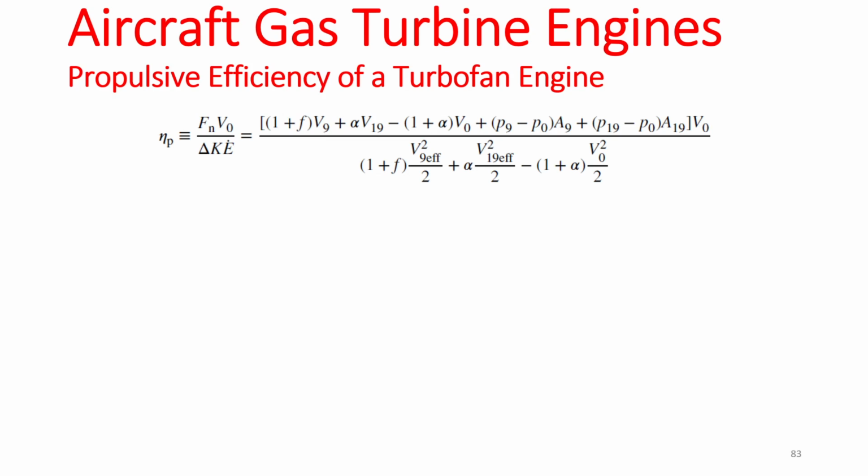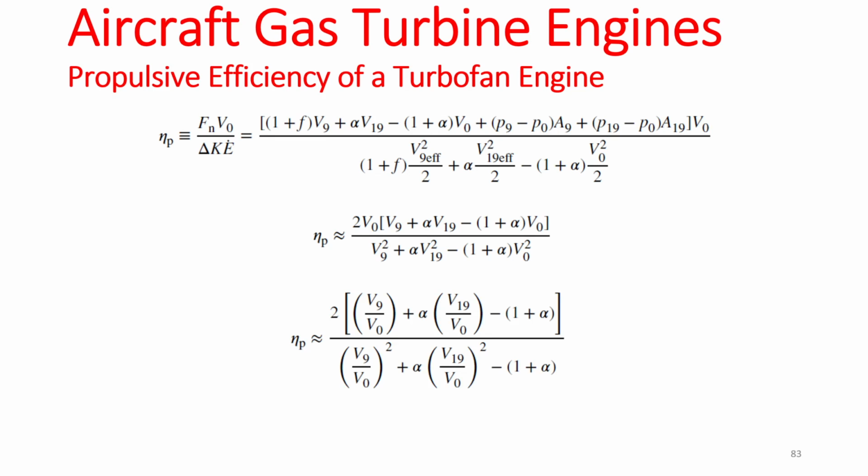So we have the thrust formula just multiplied by V naught, and then divided by the jump in the kinetic energy. The assumption here is that we don't have a perfectly expanded nozzle, so the jump in kinetic energy should be calculated by the effective velocities. But if you have the perfectly expanded nozzle, you can make the simplifications.